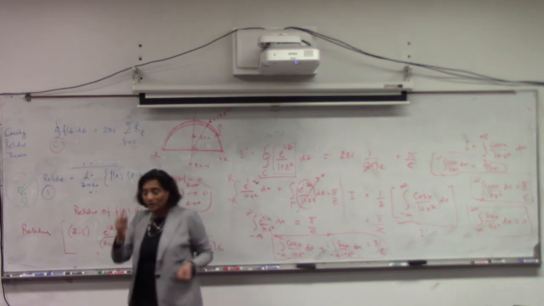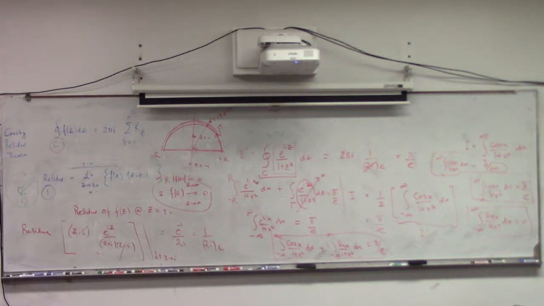And sometimes, depending on the function, we may have to close it in the lower half plane because it becomes 0 in the lower half plane rather than the upper half plane. So that may also be the reason why you choose to close the contour in a different way, based on the function. Let's say it's exponential of minus x or something in the integrand, or exponential plus x, let us say.